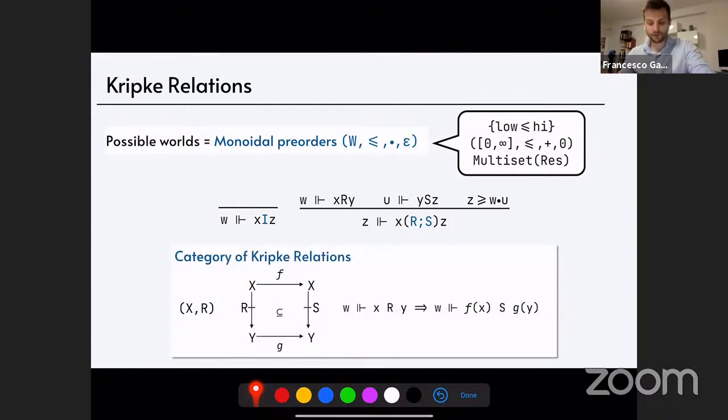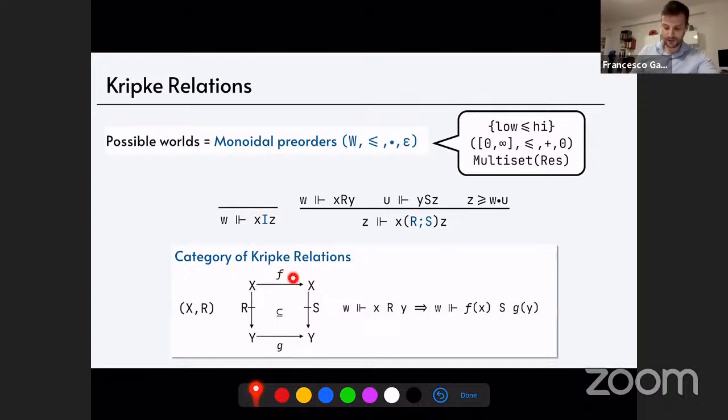And now, because we have all these constructions, what we can build is a category of Kripke monoidal relations, which is exactly as we have seen before. But this time, instead of having sets with equivalence relations on them, we have sets with equivalence Kripke relations on them, because we have identity, we have composition, we have symmetry, so we can formalize the notion of an equivalence Kripke relation.